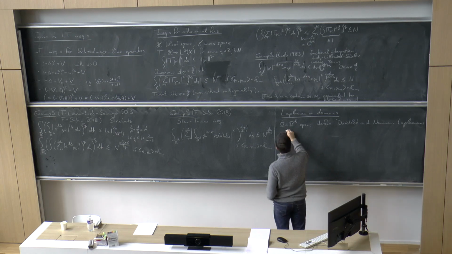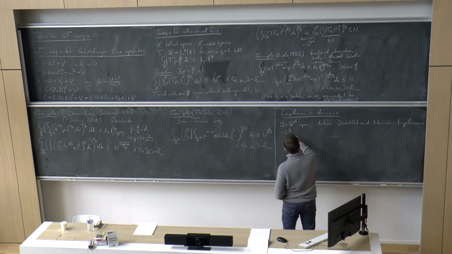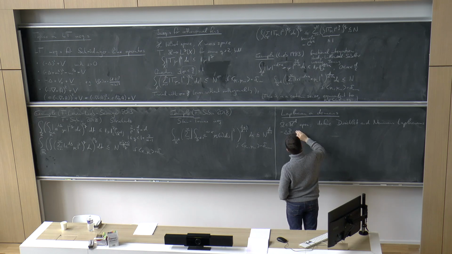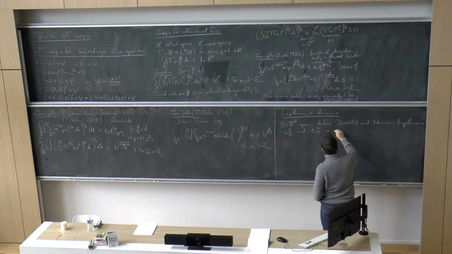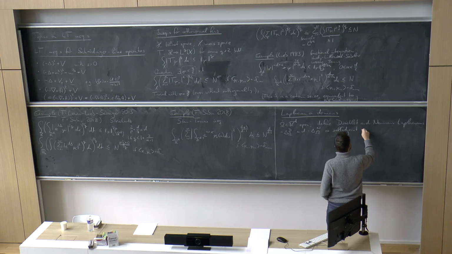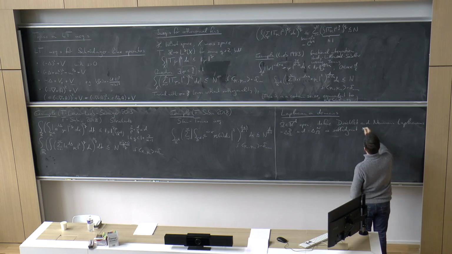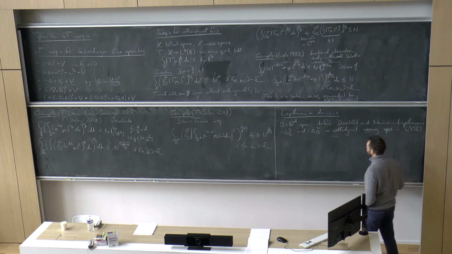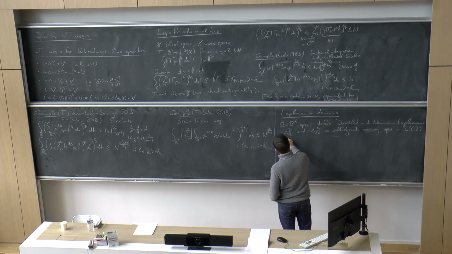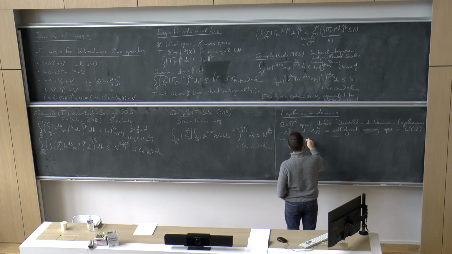We denote them by minus Laplacian, with the omega downstairs and the D for Dirichlet or the N for Neumann upstairs, as self-adjoint non-negative operators in L2 of omega, by the quadratic forms.